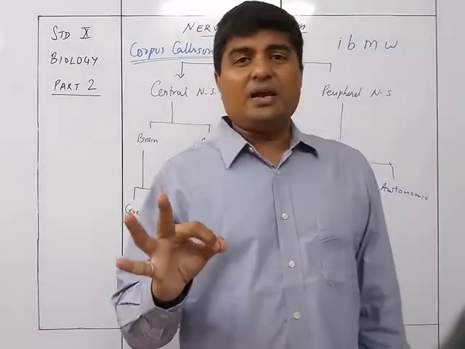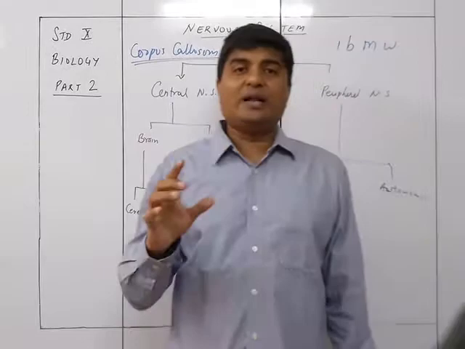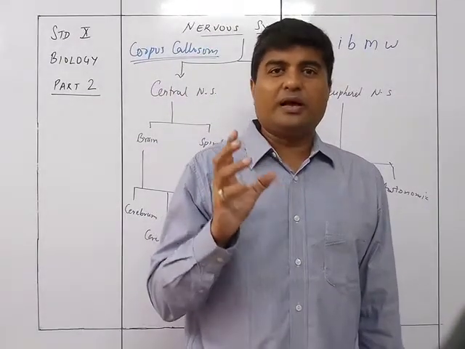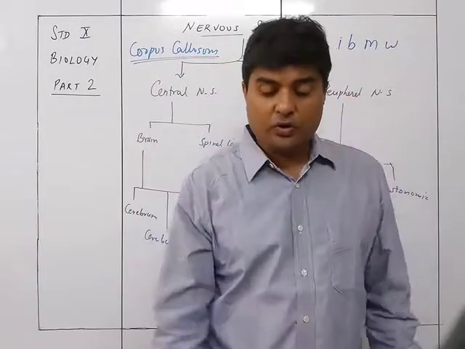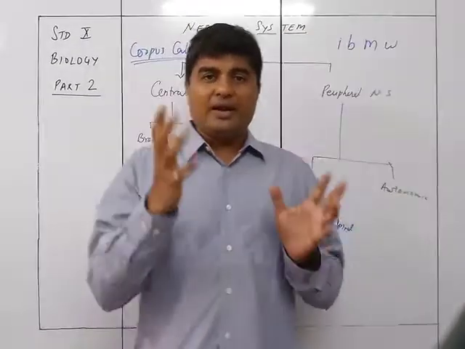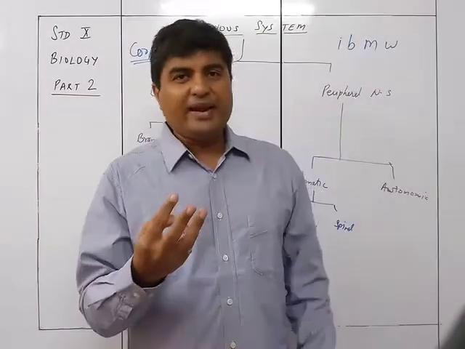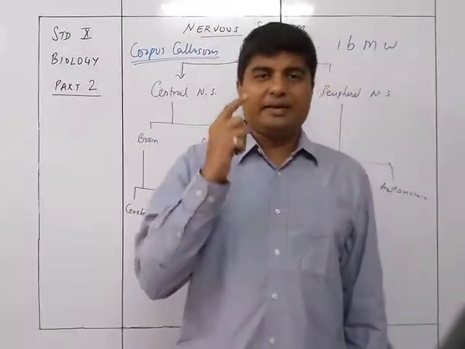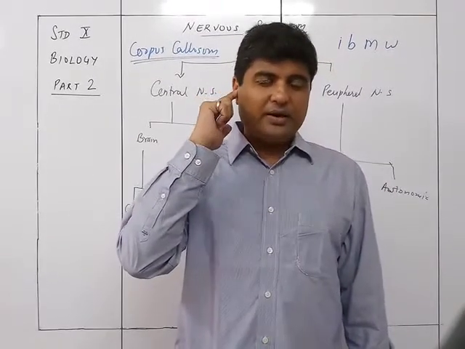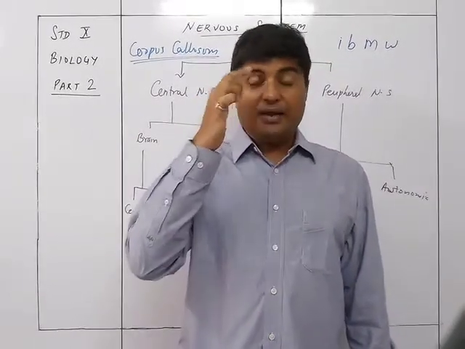There are 12 cranial nerves, and 12 such functions are carried out with their help and experienced by our body. Out of the three examples which I easily remember: nose to smell, the olfactory nerve; hearing, the auditory nerve; and the eye, the optic nerve.